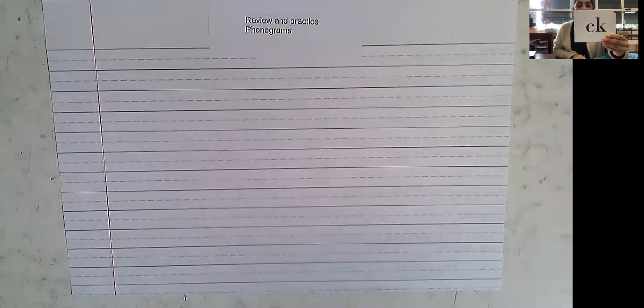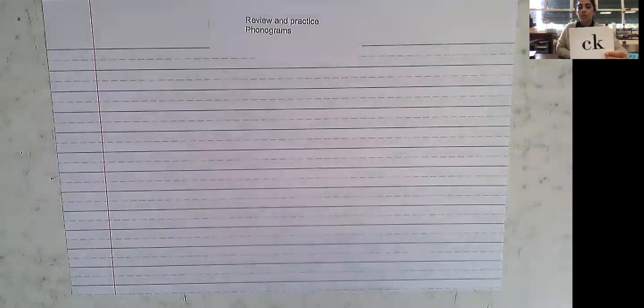K. Two-letter K, used only after a single vowel, which says a, I, a. Say with me. K. Two-letter K, used only after a single vowel, which says a, I, a.